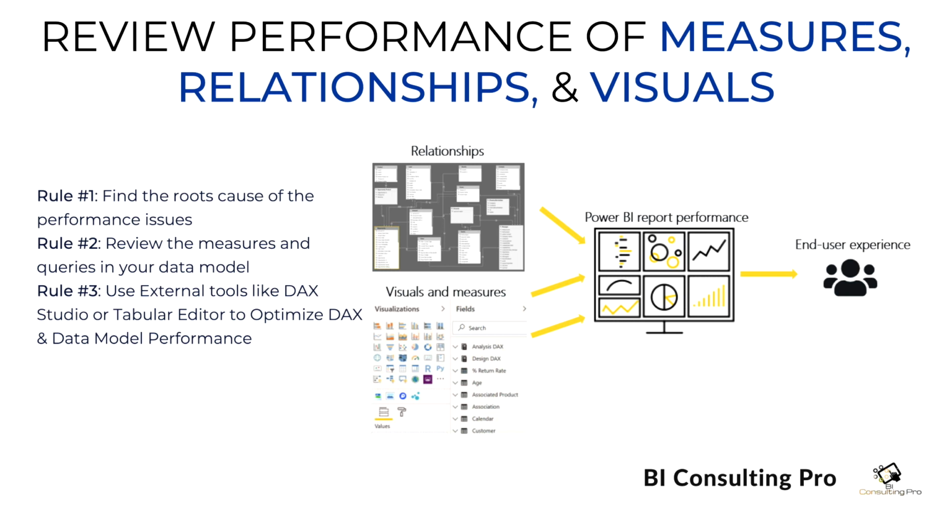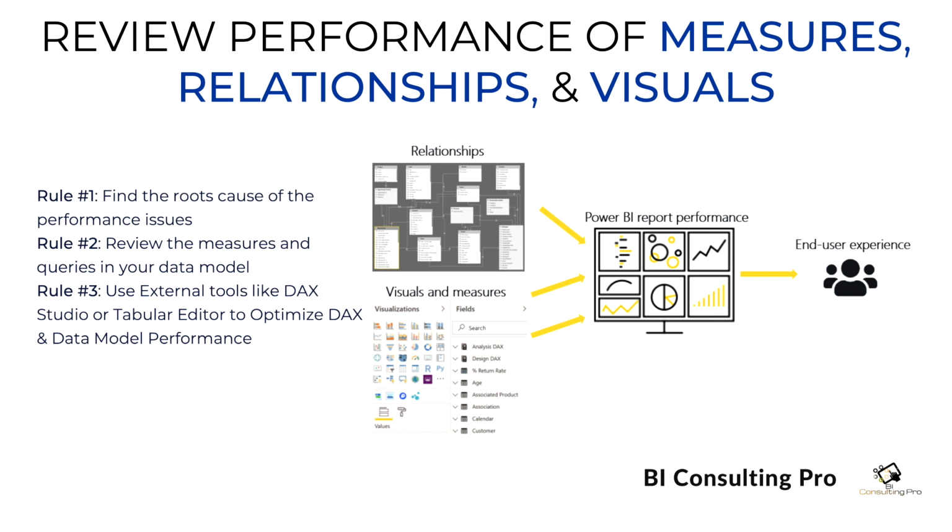For that, I have mentioned some rules of thumb that you can follow. The very first is that you need to find the root cause of the performance issue. By saying this, you should know whether it's a report level performance issue, or at the model level, or on the connection level. So always find the root cause first.